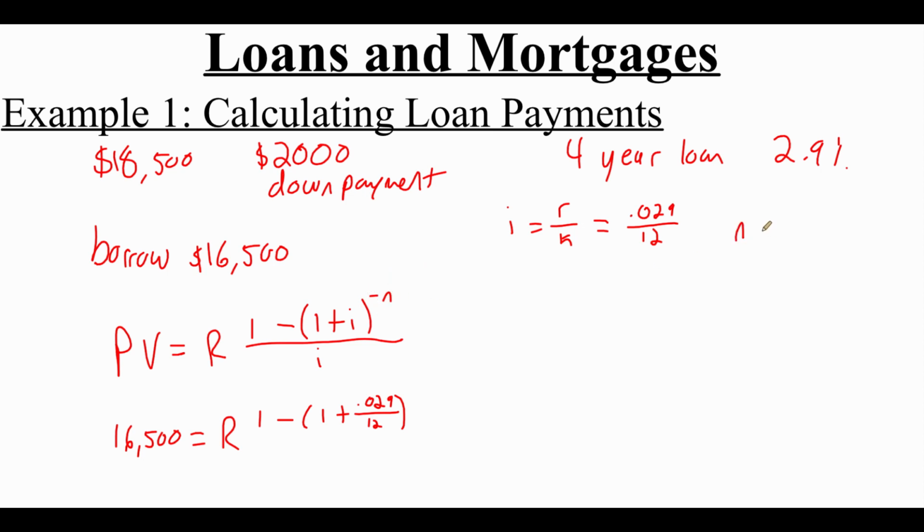N is the total number of payments that we're making. This is a 4-year loan, and we're making monthly payments, so we're going to make a total of 48 payments. So our N value is 48. So I need to raise this to the power of negative 48, and this is all over that I value, which again is 0.029 divided by 12.